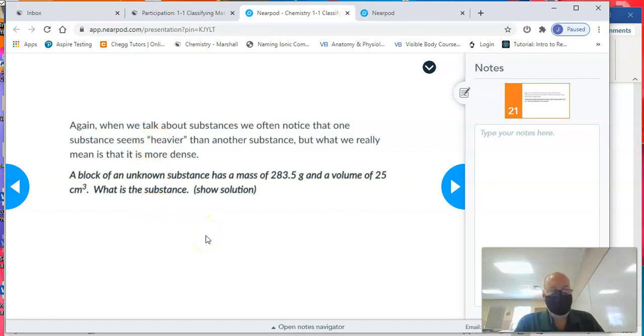Now we've got a problem here. I have a block of an unknown substance that has a mass of 283.5 grams and a volume of 25 cubic centimeters. I'm asking the question, what is the substance? That requires you to understand that all substances have their own unique density.